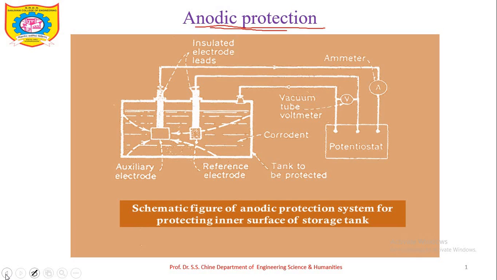Anodic reaction is promoted, and this technique is applicable only to the metals and alloys which exhibit active-passive transition or the phenomenon of passivity. So which are those metals? Generally these are stainless steel and some metals like titanium, aluminium, chromium. All these show active-passive transition. So in these we can apply this anodic protection.